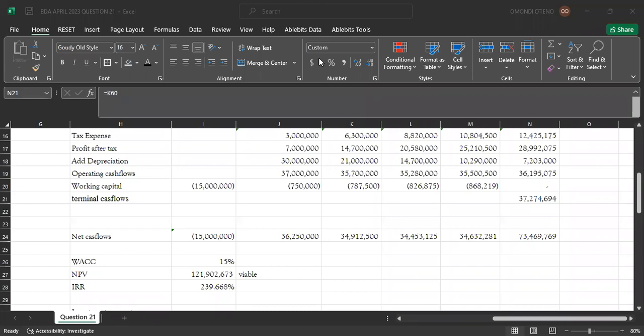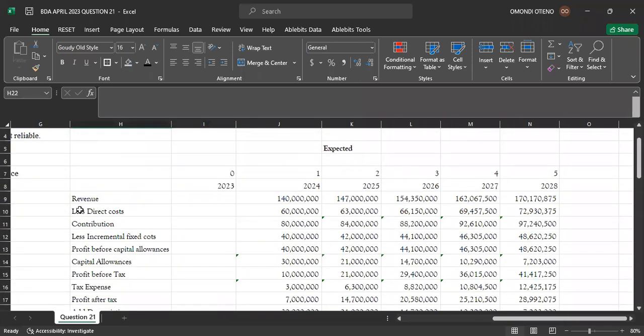Or we deleted the initial cost here, which is supposed to be part of this. So after terminal cash flow, of course, the initial cost, you can even bring it up here.